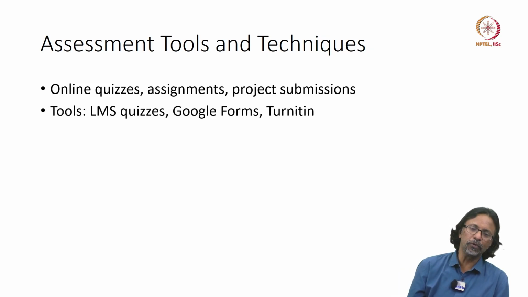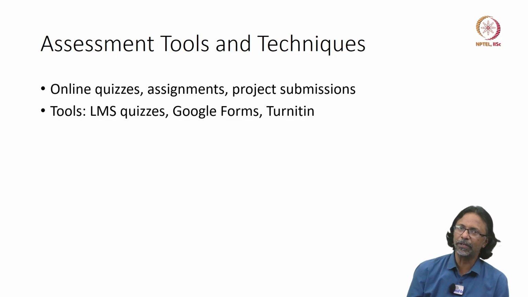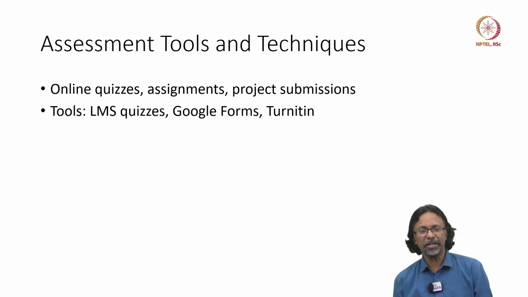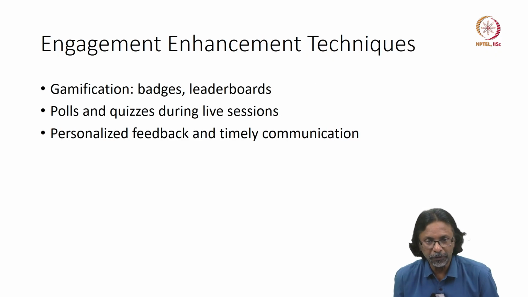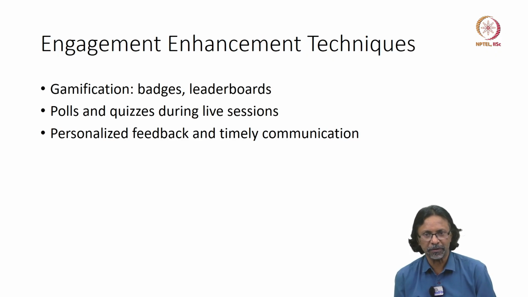In terms of tools, you have the LMS quizzes, Google Forms, and Turnitin. Turnitin is a specific tool for plagiarism checking. As always, you have to consider and take academic integrity measures.